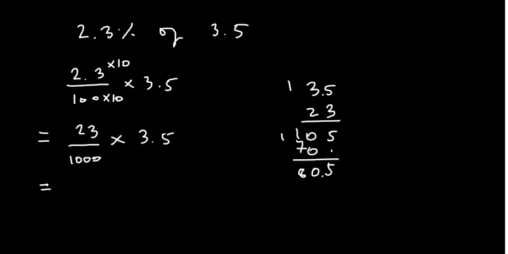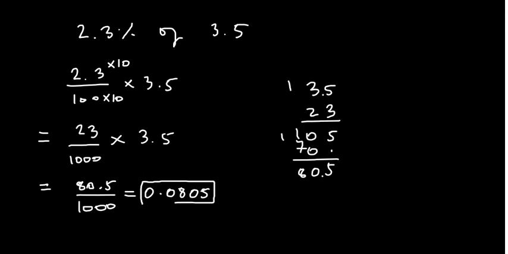So 80.5 over 1,000 becomes 0.0805. This isn't a currency, so I guess you can just leave it like this, and that would be the answer. Or if you wanted to round it, you could round it to, let's say, 2 decimal places, so that would be 0.08 to 2 decimal places.